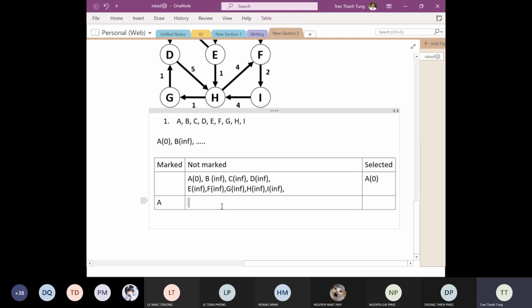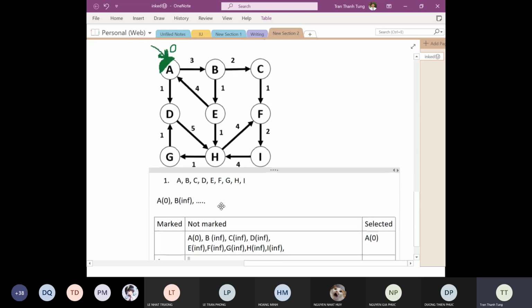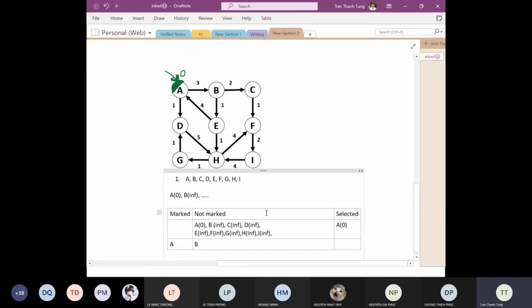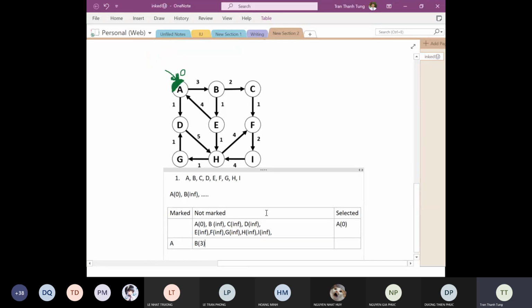We have B updated to 3. D the same: D is updated to 1. So from that, I will select D1.